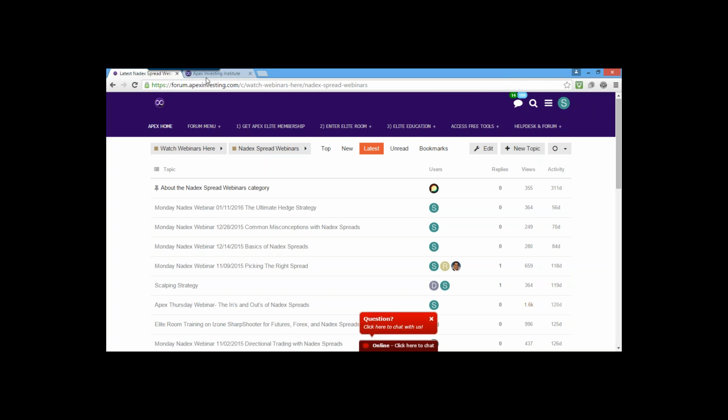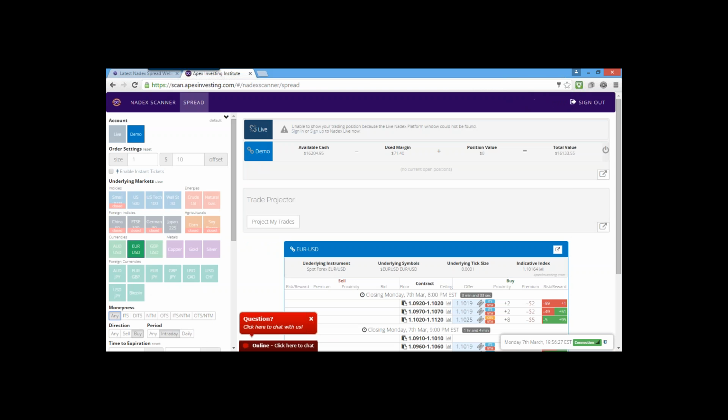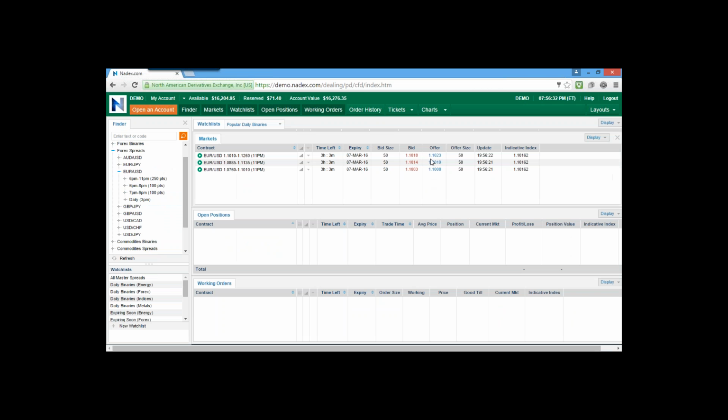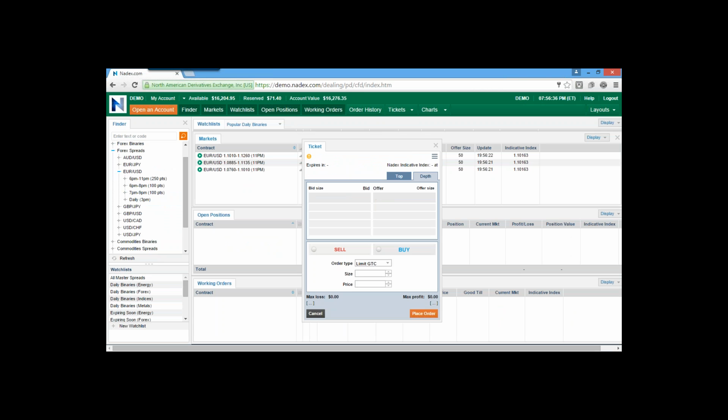Ephraim, I'm not sure what you mean, how much per contract. That is the amount you are buying the contract for. If you click on this contract here, you see the underlying market is 1016. You can buy in at 1019 or sell at 1014.